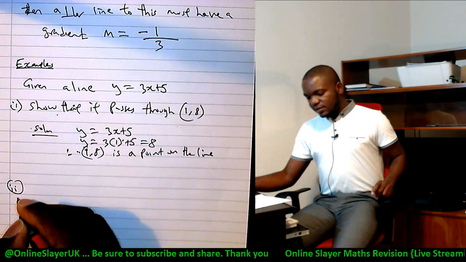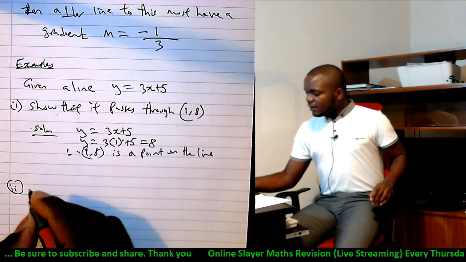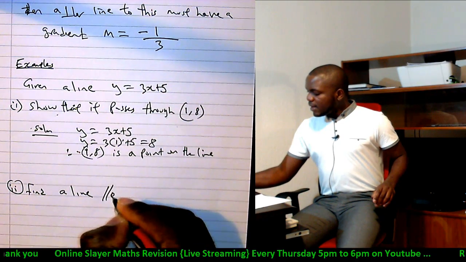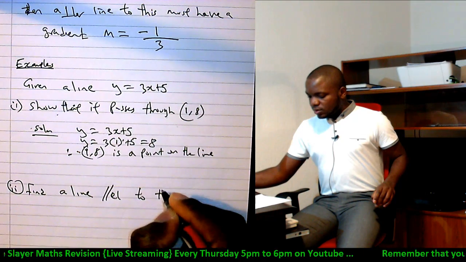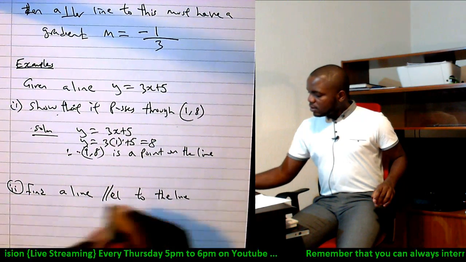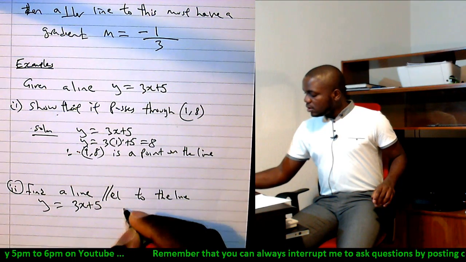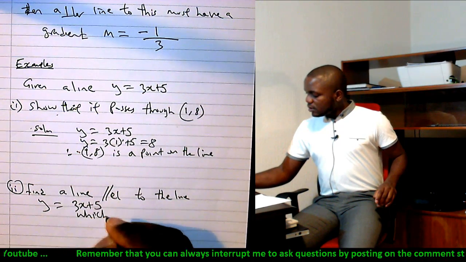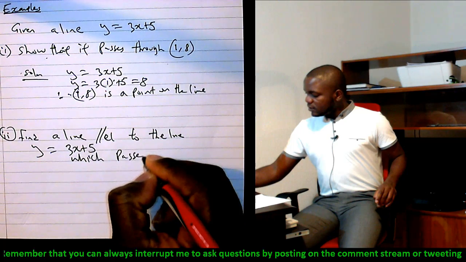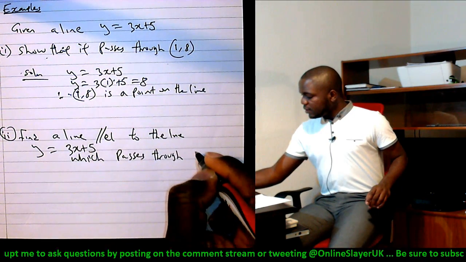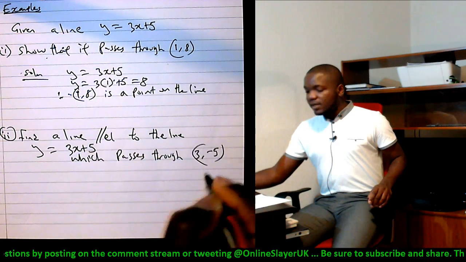Second question is, now that you know that, find a line parallel to the line y equals 3x plus 5, which passes through the point (3, -5).